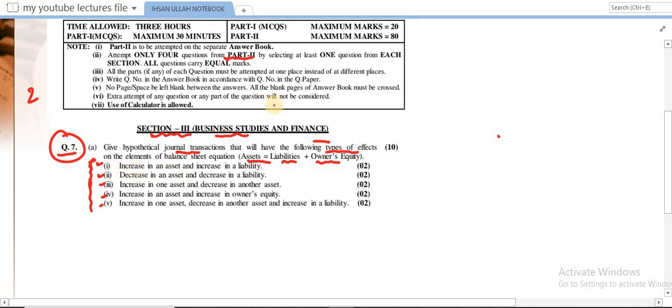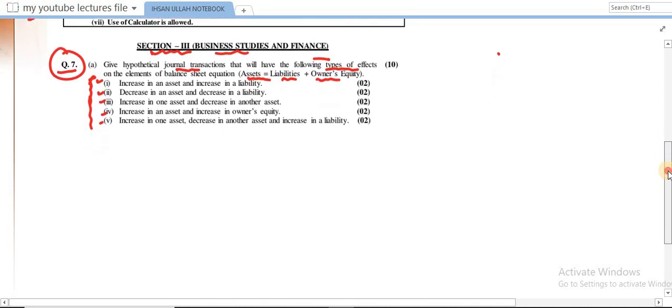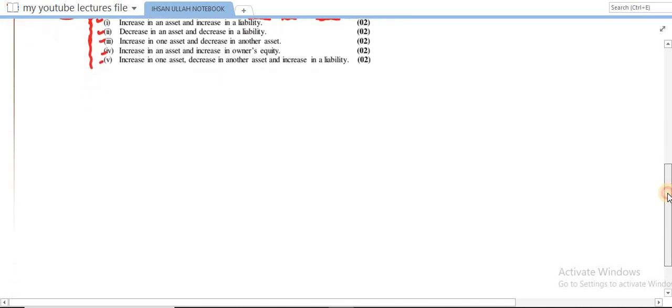Now the first one is increase in asset and increase in liability. So we have to create a transaction which has both effects. The asset will increase and the liability will also increase. Fine. So let's start from the first one, how the asset and the liability both increase.